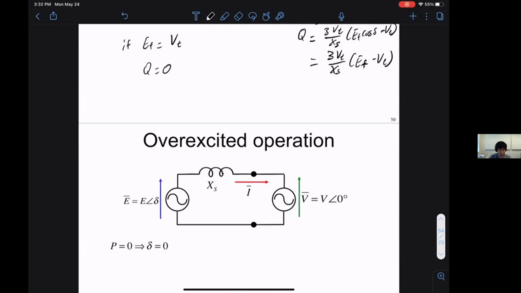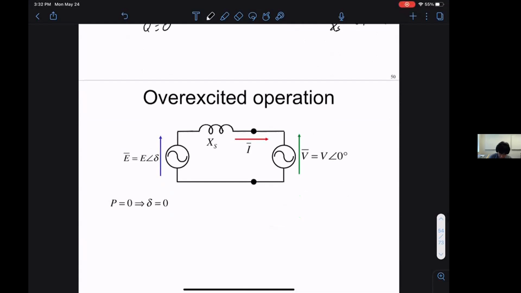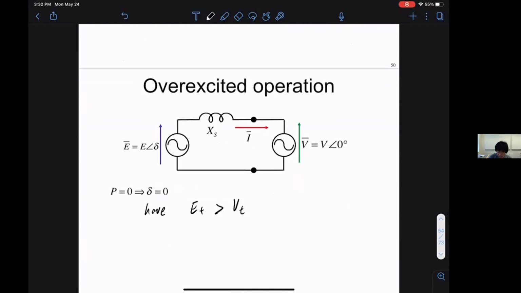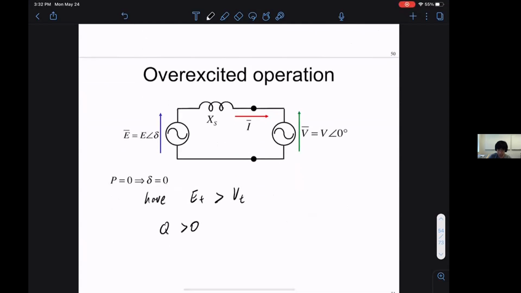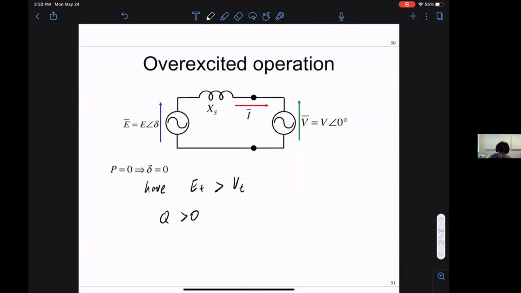But then what you can do is have E_F larger than V_T. Then we have Q larger than 0. You can think of the generator as a capacitor, because you're producing reactive power.